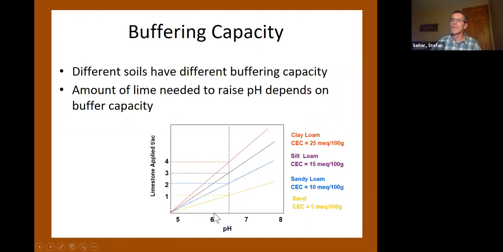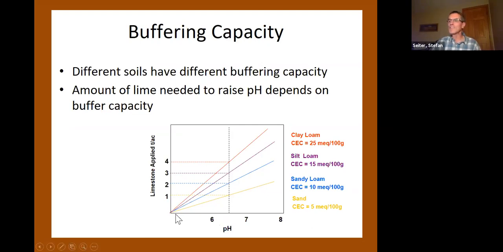So simply said, a sand has a low buffering capacity and a clay has a lot of buffering capacity. And so when we want to change a sand from pH 5 to 6.5, and this is just for illustration purposes, we might need 1 ton of lime per acre, right?